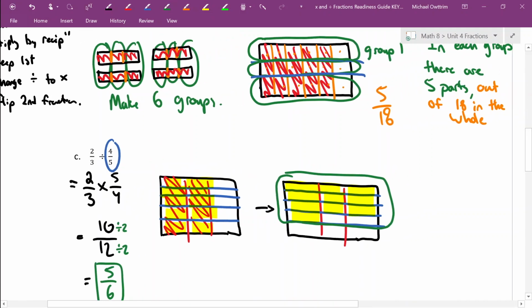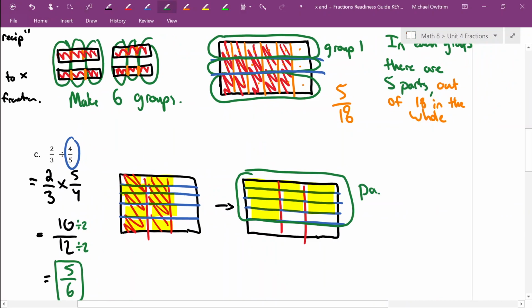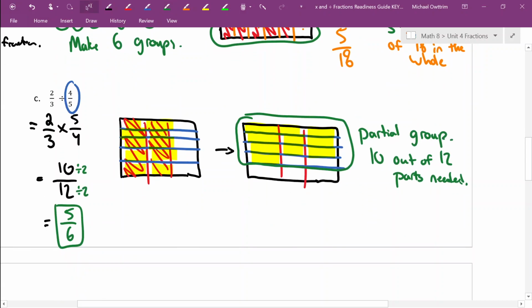So this would be one group, but it's actually only a partial group. And in that partial group, I have 10 out of the 12 parts for a full group. And so, of course, that's the same fraction, 10 out of 12, that we got over here.